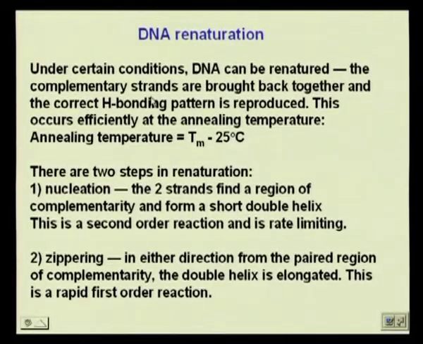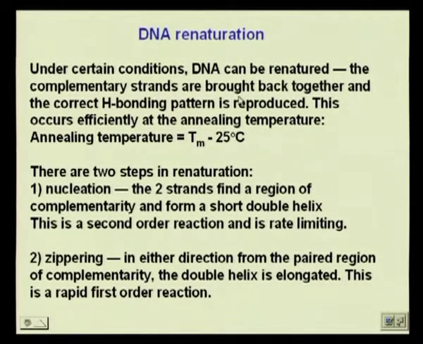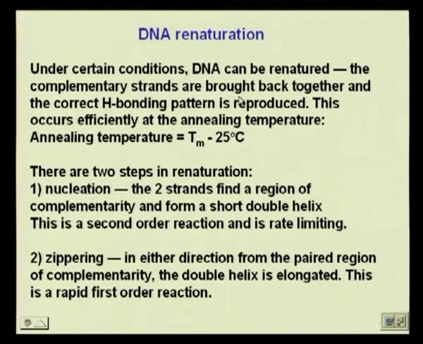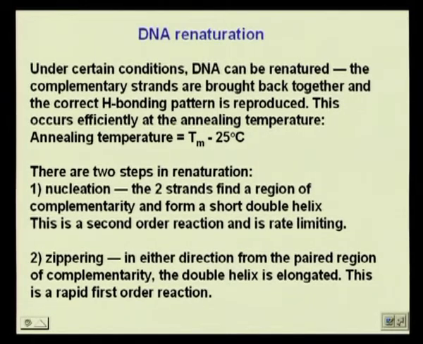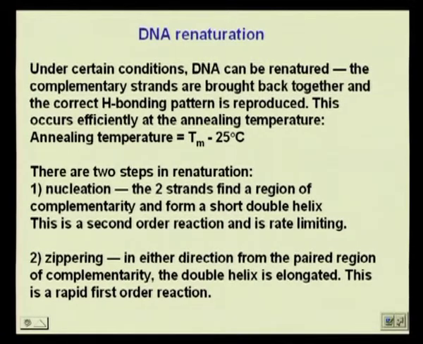In this case, the DNA has to find its complementary strand, right. So, under certain conditions, DNA can be renatured where the complementary strand can be brought back together. Why? Because only then are you going to get the proper linear double helix structure, because you have to have that ladder formation first, where you are going to have complementary base pairs, and you have to have the correct hydrogen bonding pattern reproduced again.